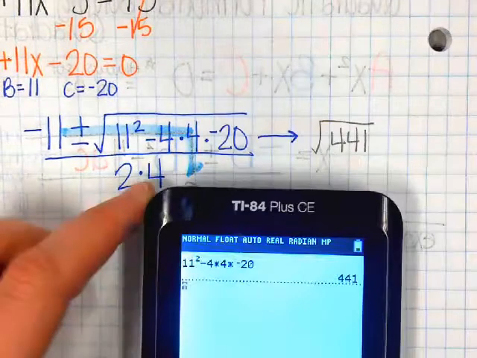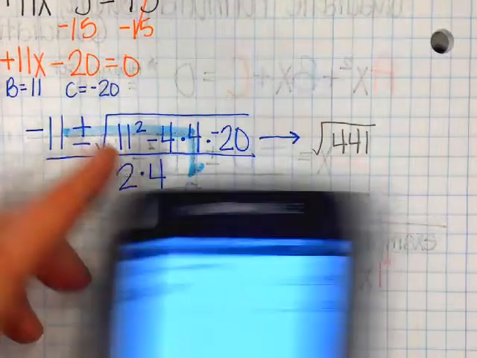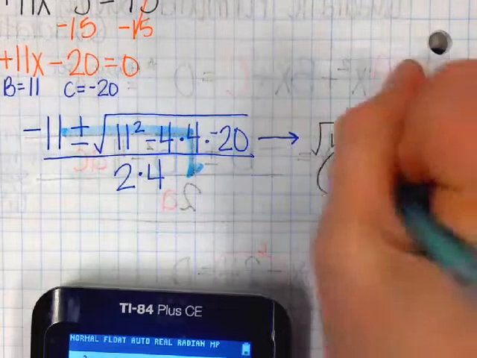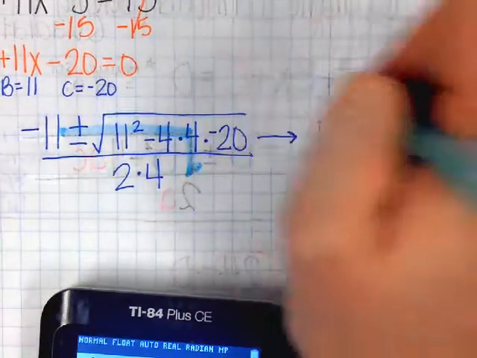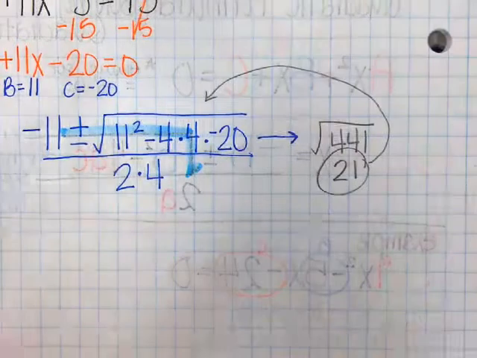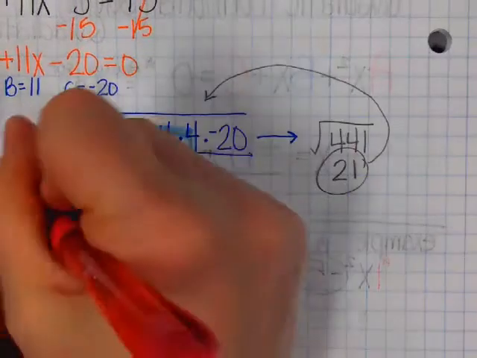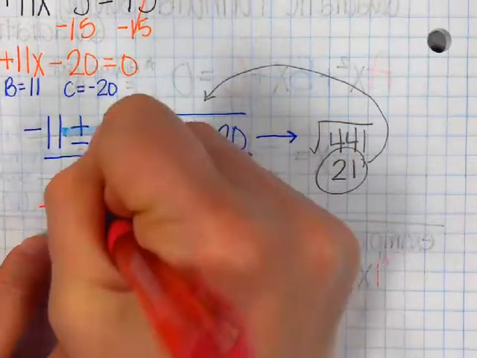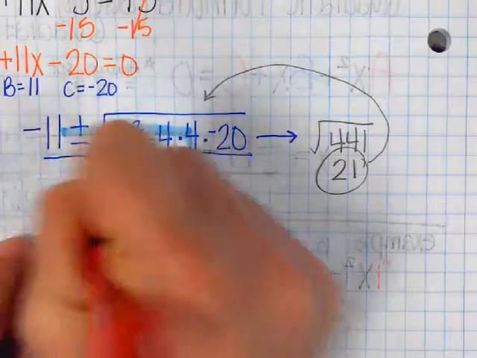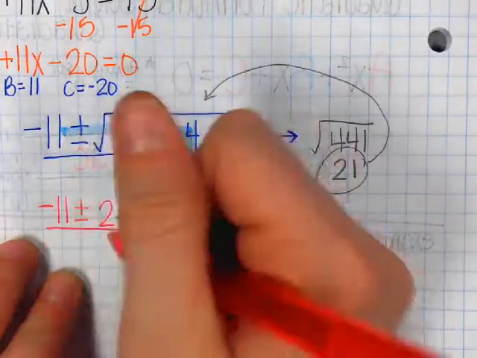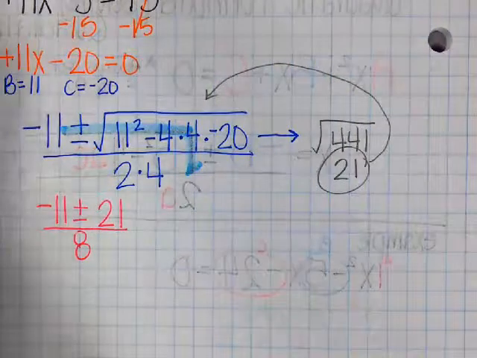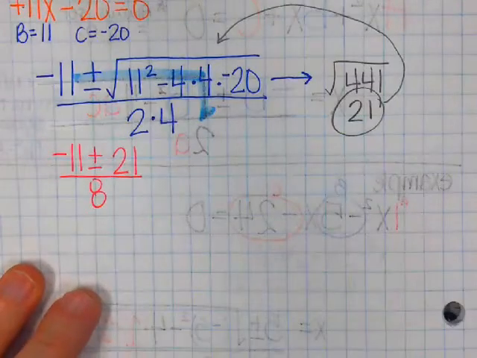So it would be the square root of 441, which is just 21. So that is what I'm going to use here. So it would be negative 11 plus and minus 21 divided by 2 times 4, which is 8.